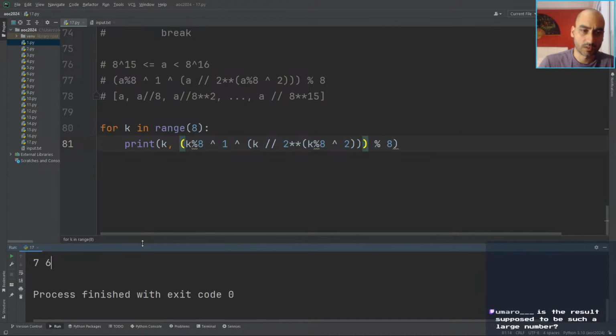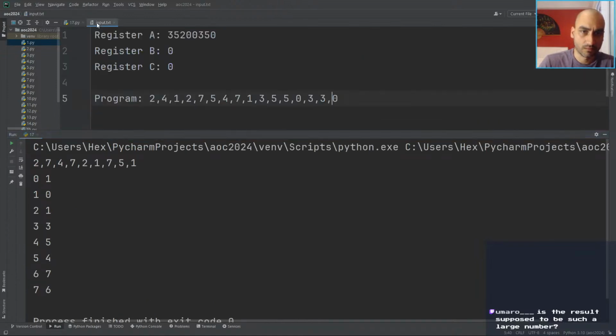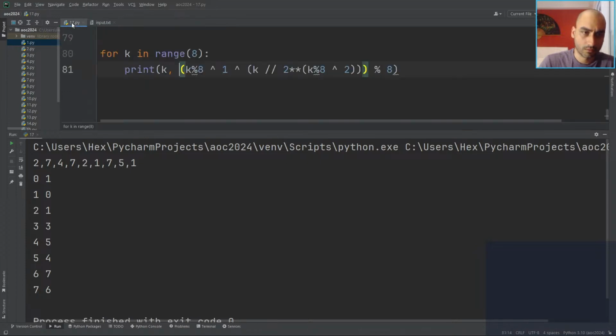Alright, so looking at this. 10135476. Okay. So that tells us we want the first 3 binary digits to be 001?